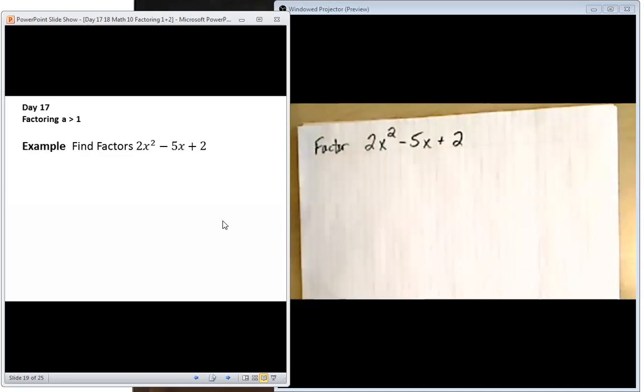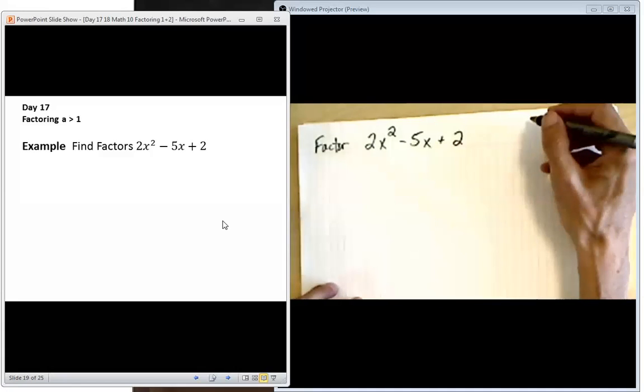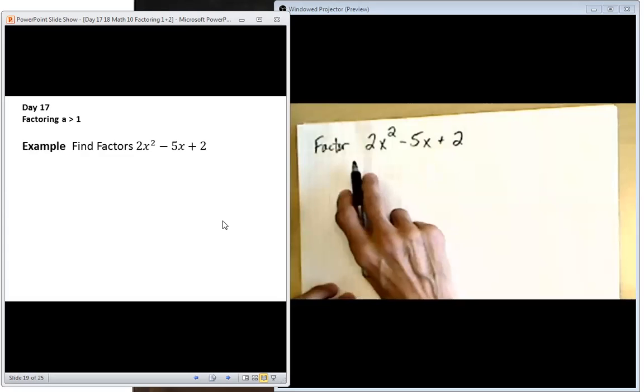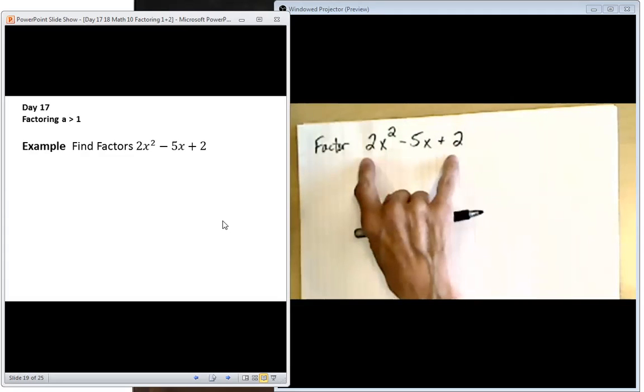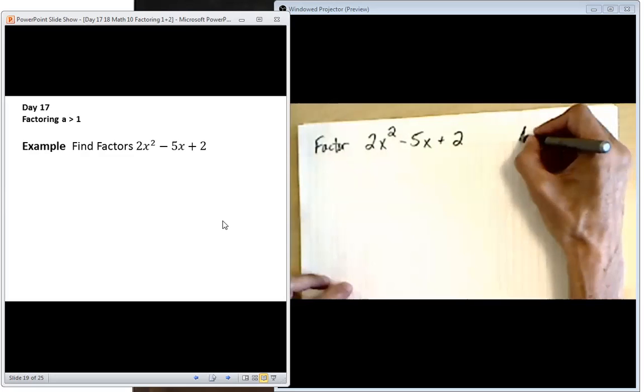Okay, so good people, from what I was showing you, what's the first step to do here? We can go back to the earlier question. The first thing is to multiply these two numbers together, the first times the last.